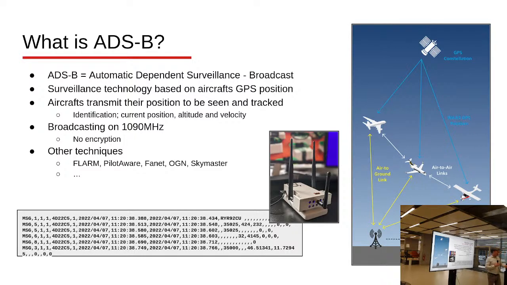And there are a couple of other techniques like FLARM used for the gliders, PilotAware, FANET for drones, OGN, Open Glider Network, and SkyMaster, and so on. And what we see here is an example of the message, a message like ADS-B, how this is in raw.